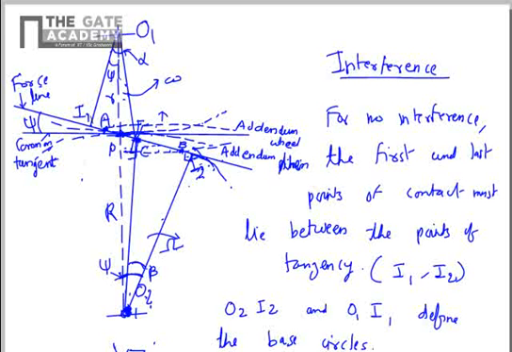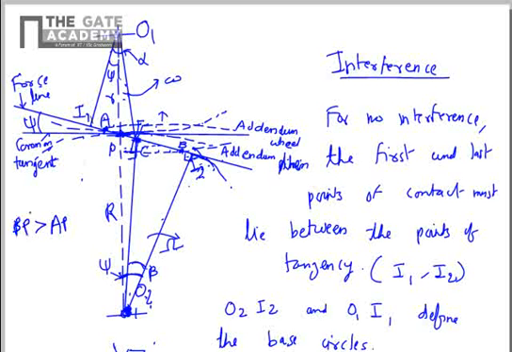From the geometry of the wheel and pinion, since the pinion is assumed to be smaller, then for the larger wheel the distance from the addendum circle to the pitch point is lesser. That means AP will always be smaller than BP.